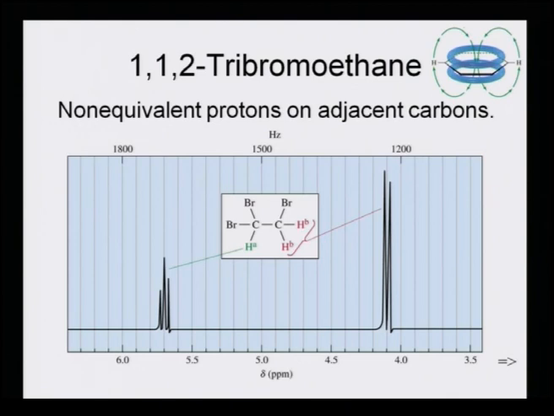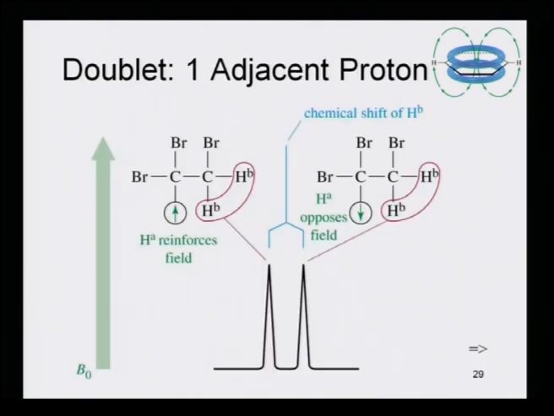The example that I gave a while ago, that non-equivalent protons on adjacent carbons can create this kind of splitting. They look at the neighbor and accordingly the splitting takes place. If the neighbor is 2, the splitting will be a triplet. If the neighbor is 1, it will be a doublet. That is how the splitting takes place.